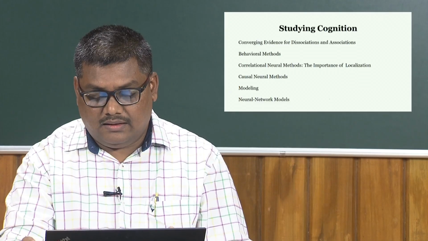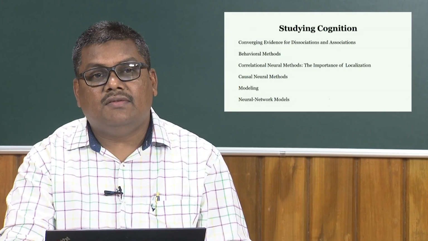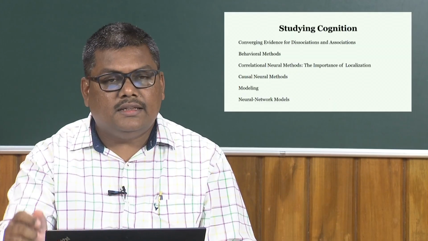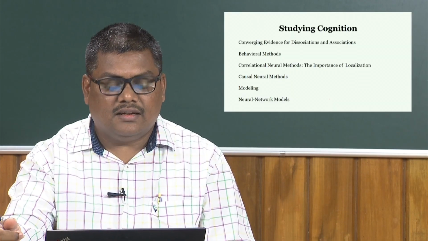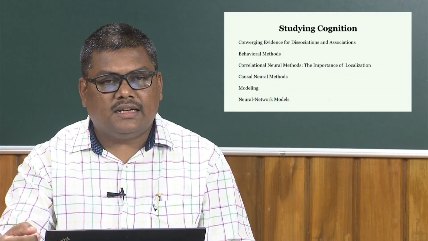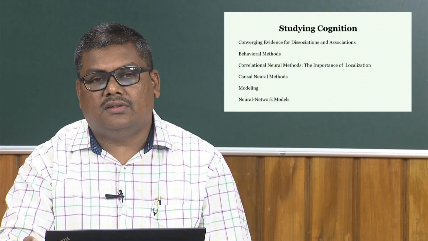Simply stating, if an event or a variable leads to brain activation during the processing of one task, but does not lead to brain activation on the other task, this is what dissociation is.